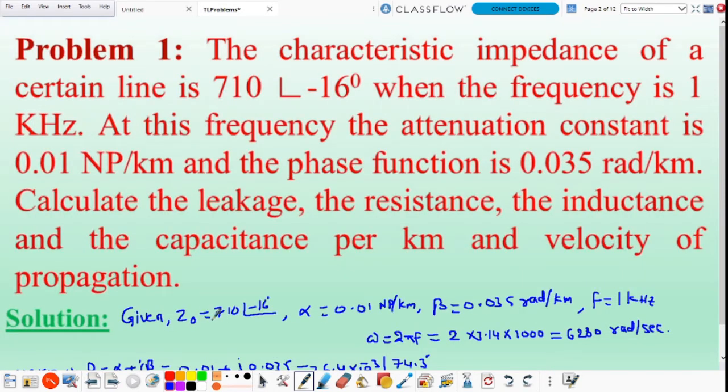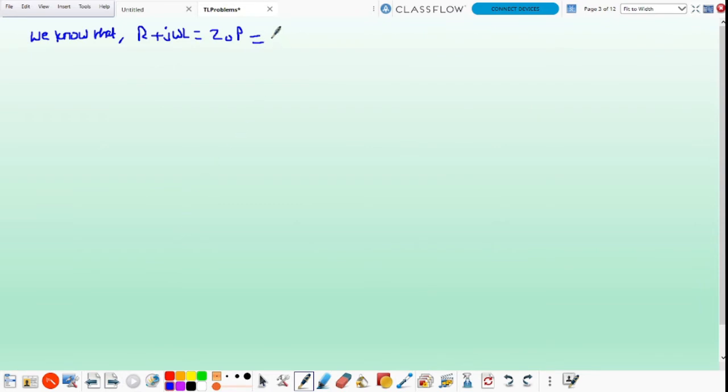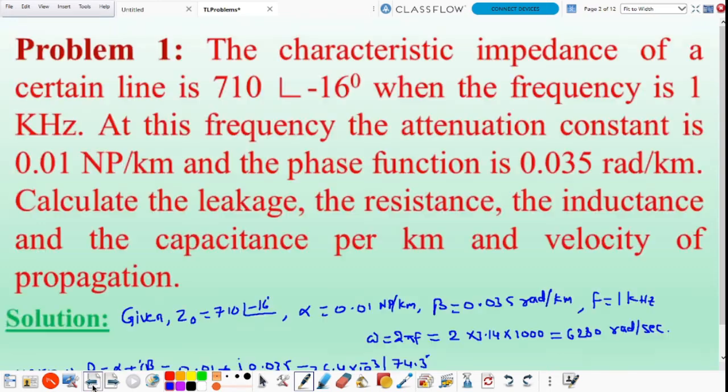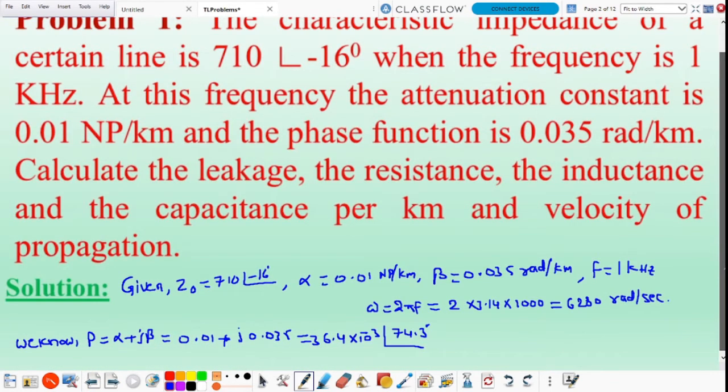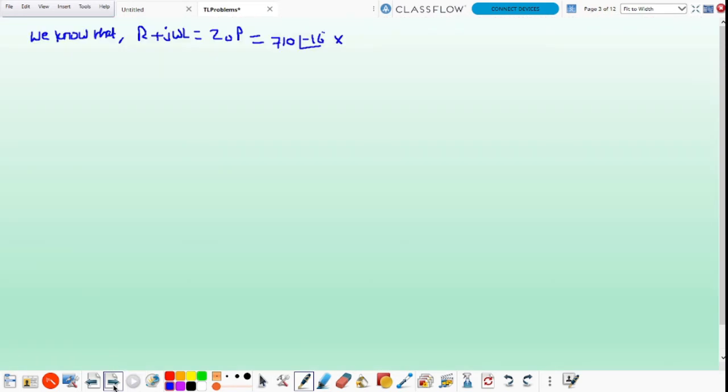The characteristic impedance Z naught is equal to 710 at an angle of minus 16 degrees, into the propagation constant P value, the polar form of the propagation constant, P is equal to 36.4 into 10 to the power of minus 3 at an angle of 74.3 degrees.